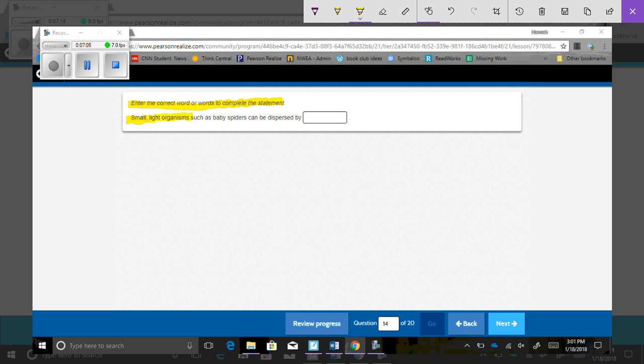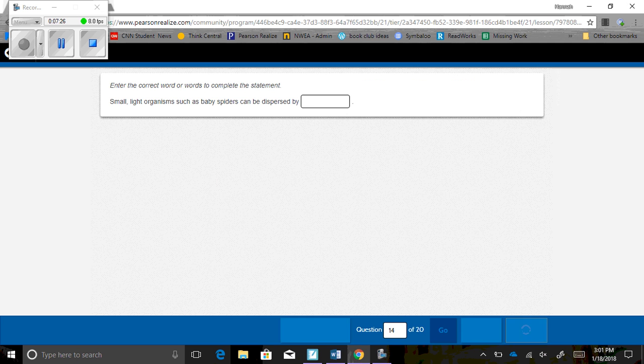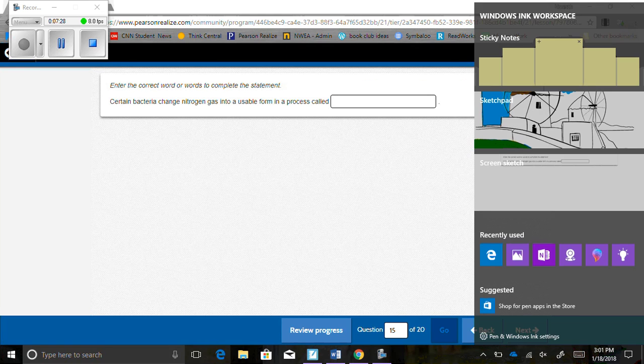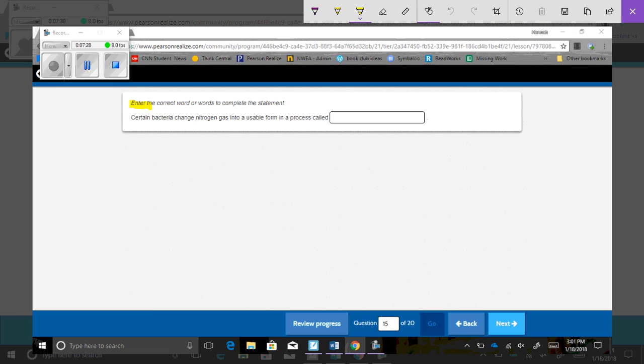Small, light organisms, such as baby spiders, can be dispersed by blank. Question 15. Enter the correct word or words to complete the statement. Certain bacteria change nitrogen gas into a usable form in a process called blank.